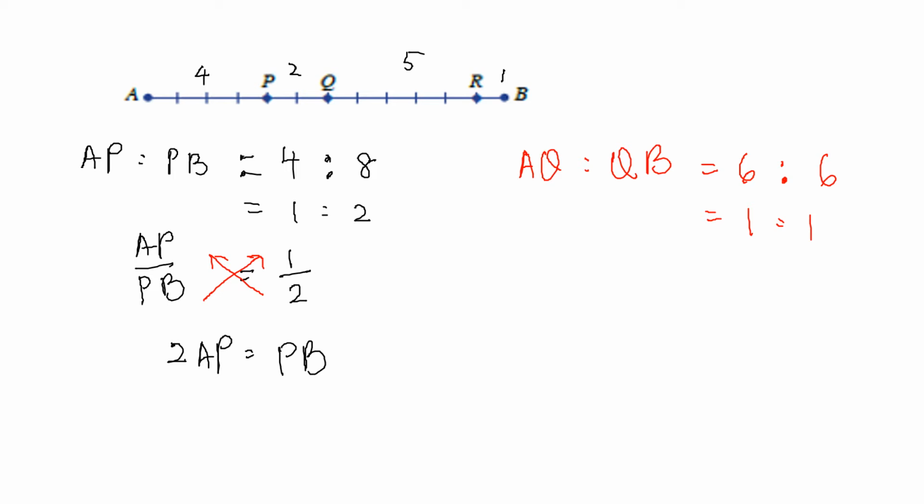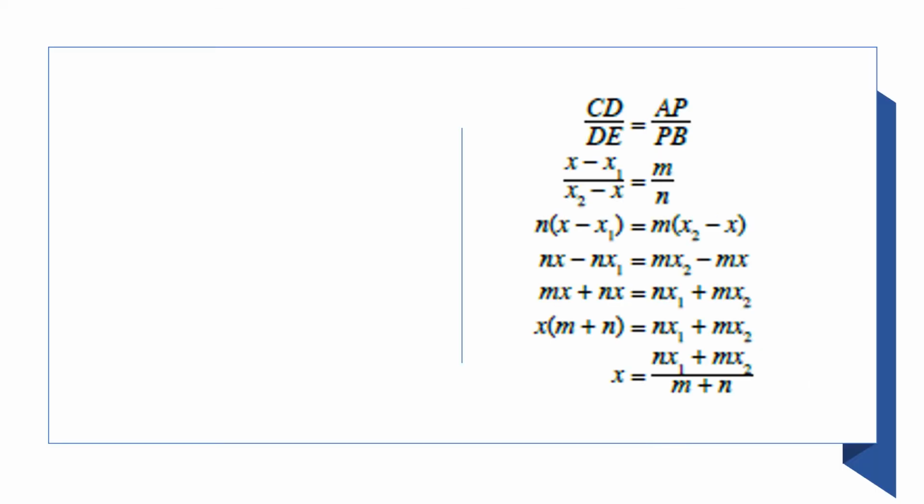If we write in a fraction form, AQ upon QB is 1. So if we bring QB over, you will get AQ equals to 1 times QB. So it is AQ equals to QB. So this is regarding divisor of the ratio of the line segment. Okay, we move on.